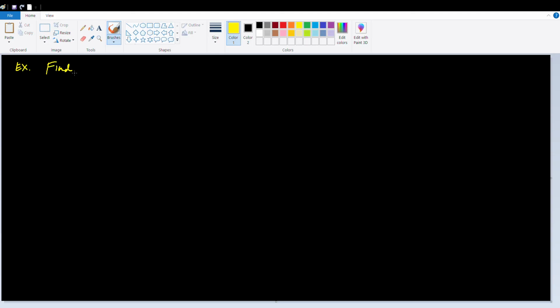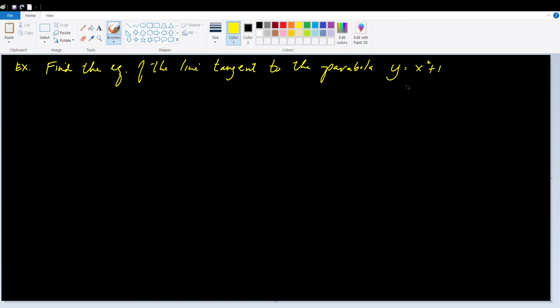Find the equation of the line tangent to the parabola y equal to x squared plus 1 at the point P, 2, 5.